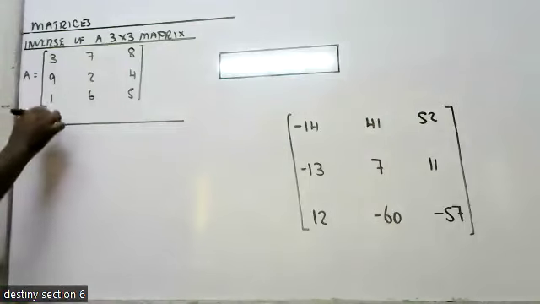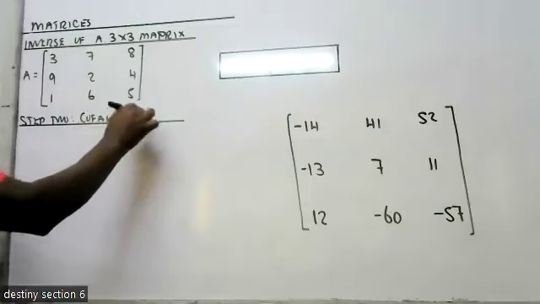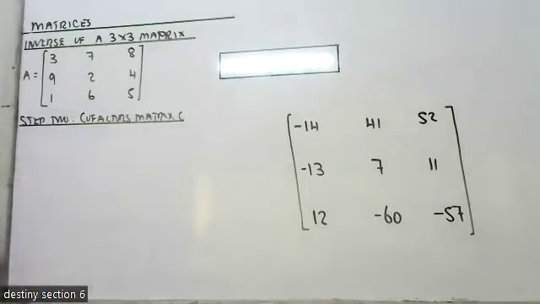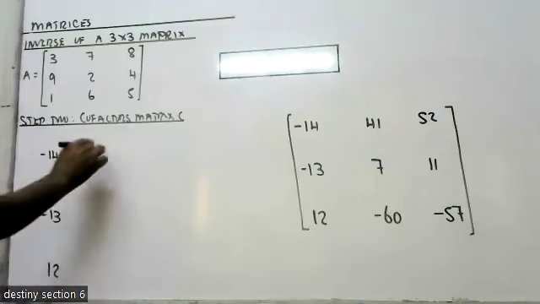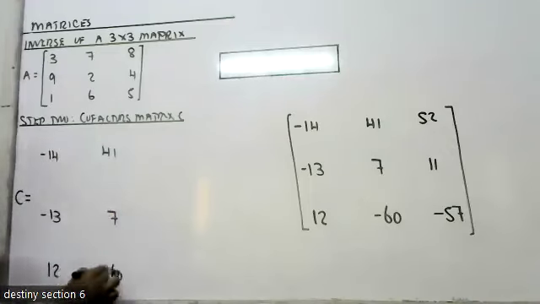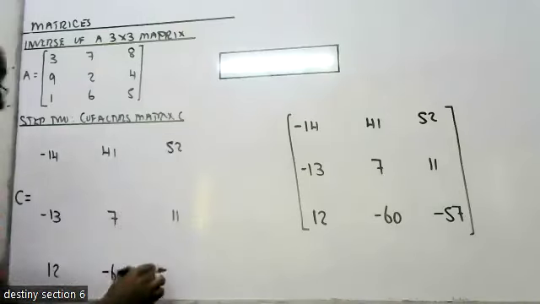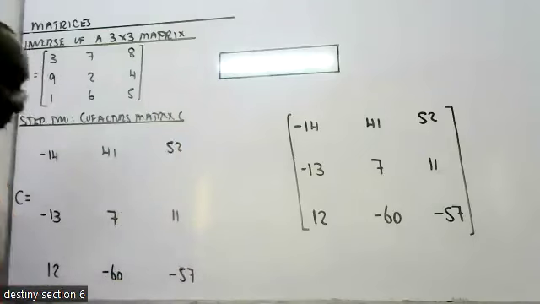So step 2 is where you get what we call the cofactors matrix C. And the cofactors matrix C, you get it from this minus matrix: minus 14, minus 13, and 12; 41, 7, minus 16; 52, 11, minus 57.